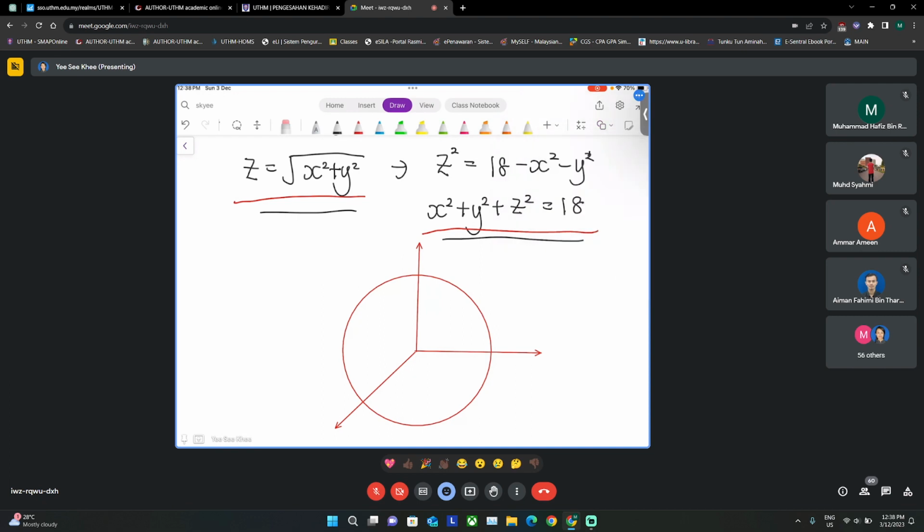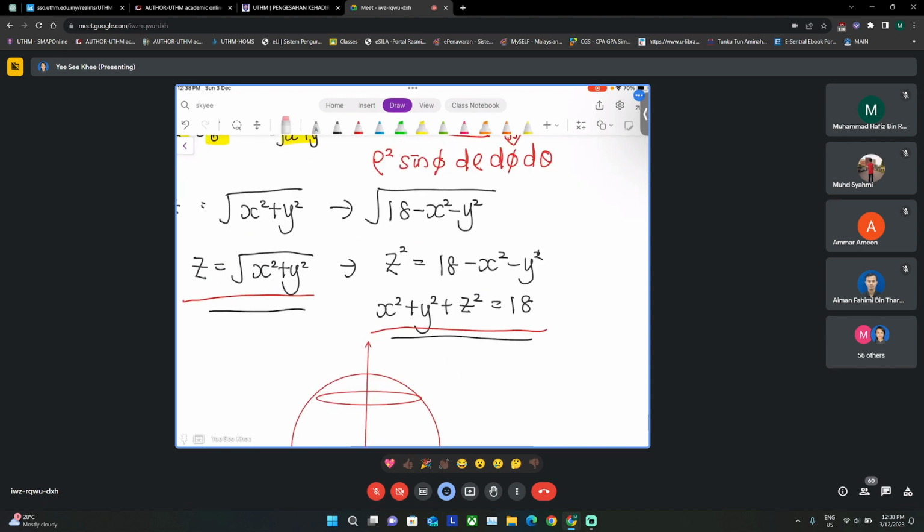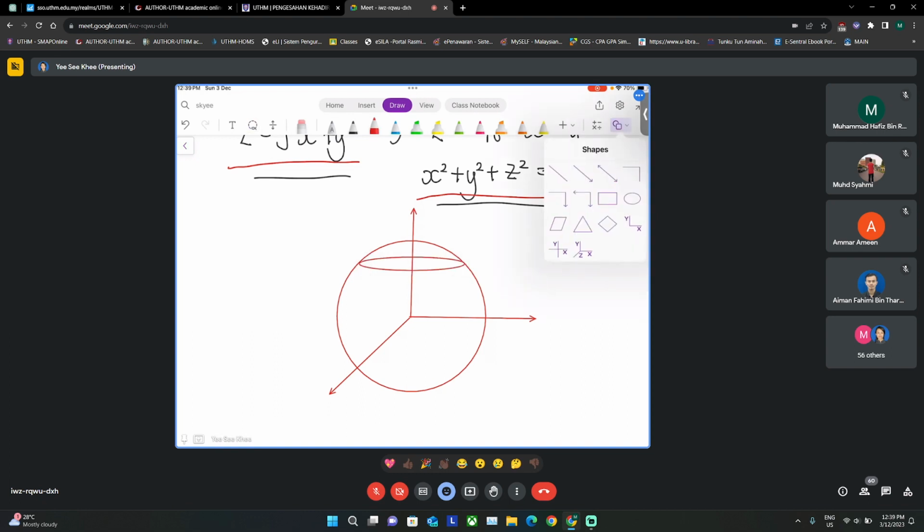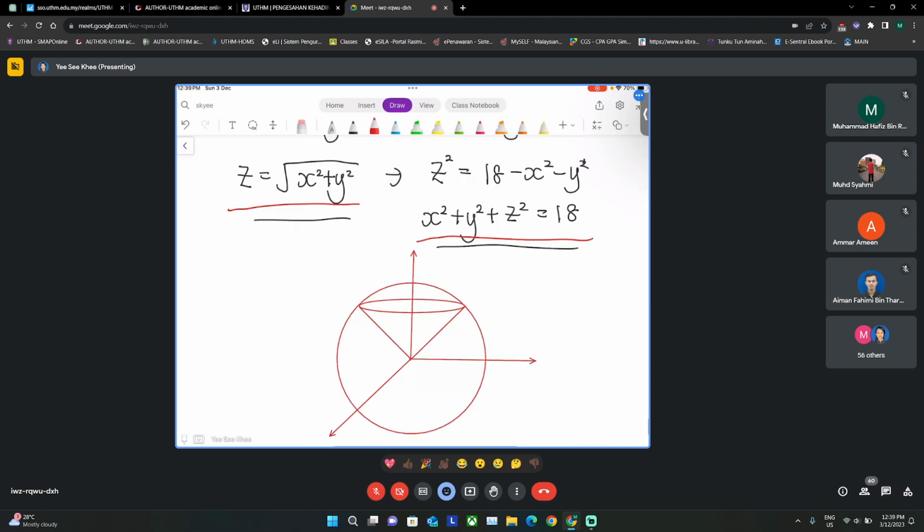Okay, this is a cone. Overlap the sphere with the cone. Then go back again.